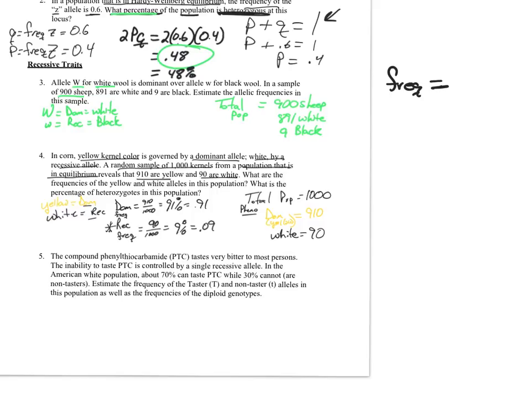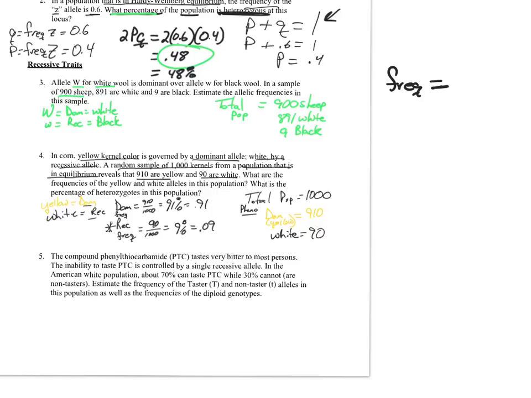What is the frequency here? How do I find the frequency? Yes, ultimately you're going to use the frequencies in that, but you have to find the frequency. If you're going to put the part over the whole, for example 891 over 900, you're trying to find the decimal.